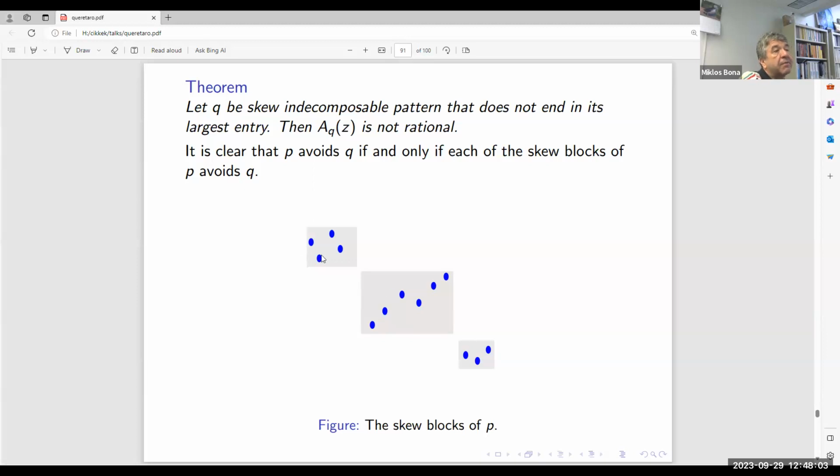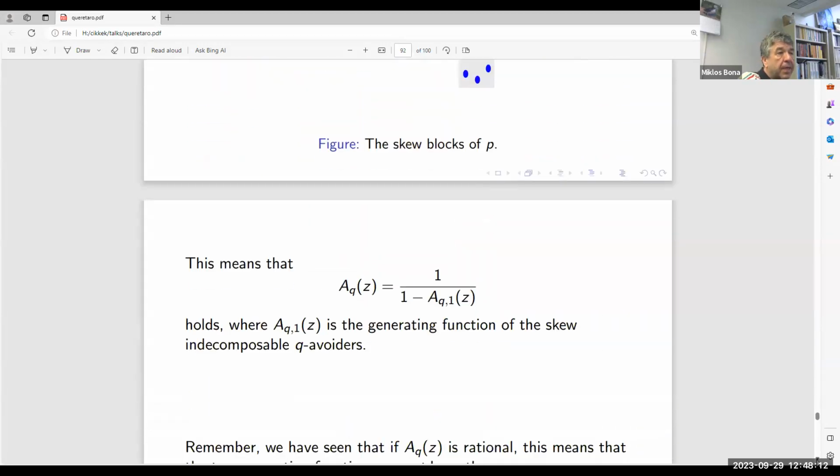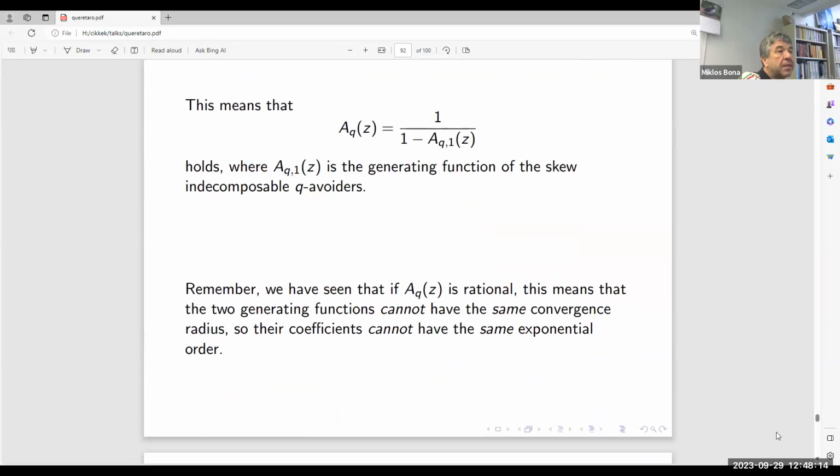And then that's sufficient and necessary. You can't start a pattern in one block and finish it in another one because it's skew indecomposable. Okay? And this means that there is this generating function when this is all permutations avoiding your pattern. This is just the skew indecomposable ones. So if I can prove that this is somehow not supercritical, then I'm done.